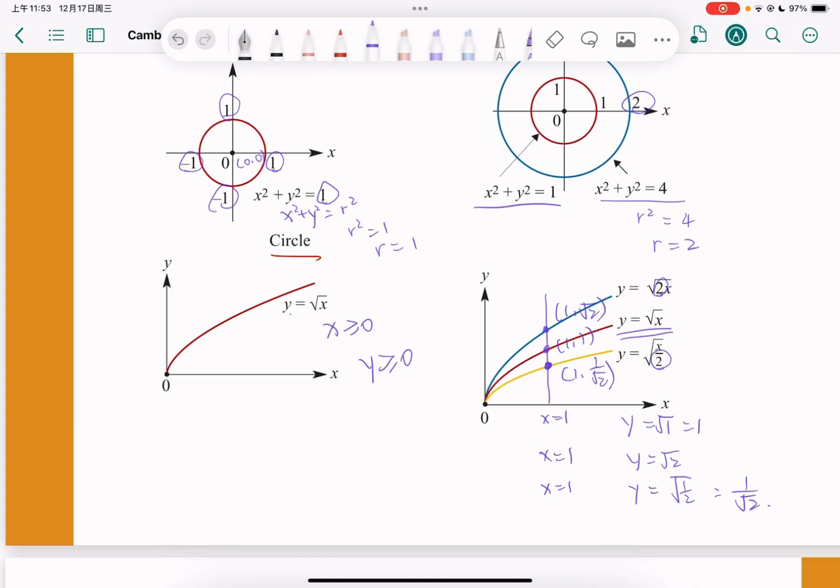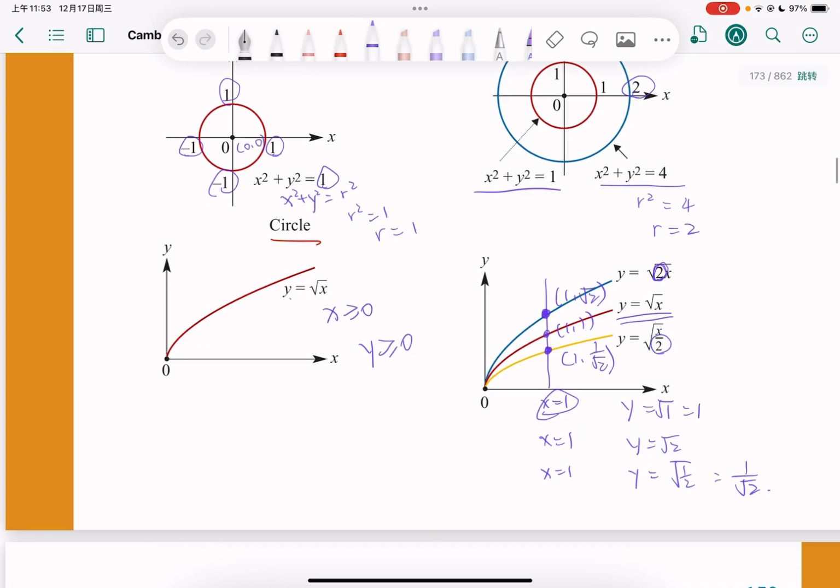If we multiply by a positive integer, like 2 or 3, it will scale up. So it will become square root 2 or square root 3 for x equal to 1. So that's also a dilation from the x-axis.